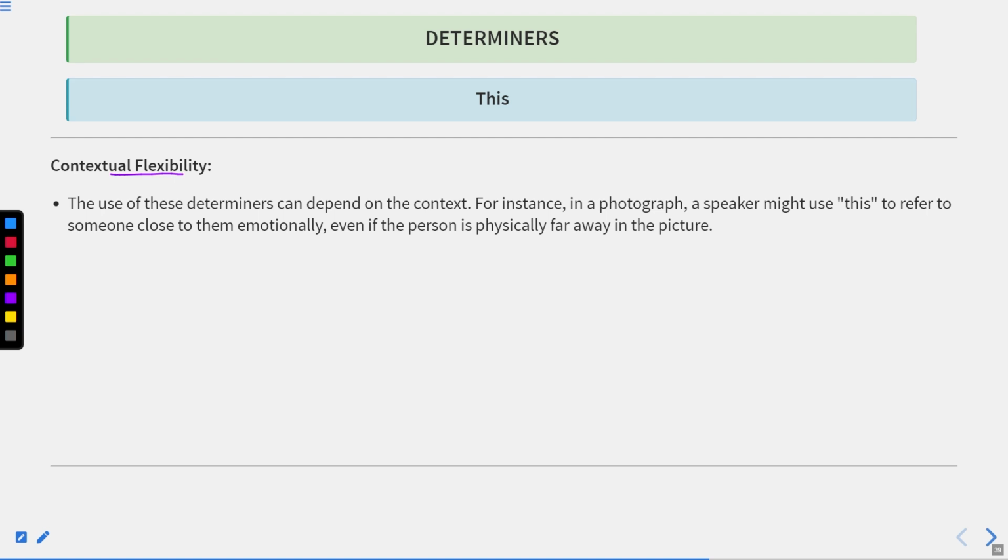Now, the next one is contextual flexibility. The use of these determiners can depend on the context. For instance, in a photograph, a speaker might use this to refer to someone close to them emotionally, even if the person is physically far away from the picture. Now, what you can do, you can use these words this, that, these, those in context.